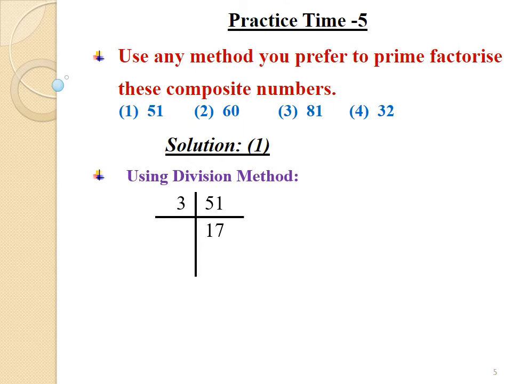Remember that 17 is a prime number which is divisible by only 17. Thus, dividing 17 by 17, we get quotient 1, which we have to write below the dividend 17. As we got 1, so now we have to stop dividing. Thus, prime factorization of 51 equals to 3 into 17.